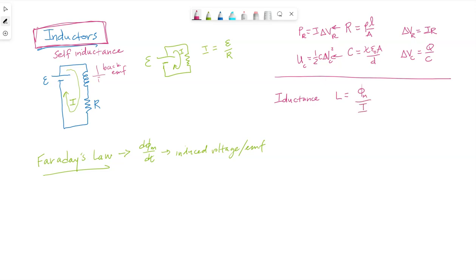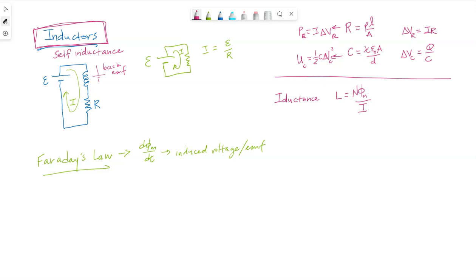For one coil or loop of wire, this inductance would be the flux, the magnetic flux specifically that will flow through the wire, divided by current. Now, in the picture I've drawn, our little coil has multiple loops, and we can account for those with the capital N, meaning the number of turns.